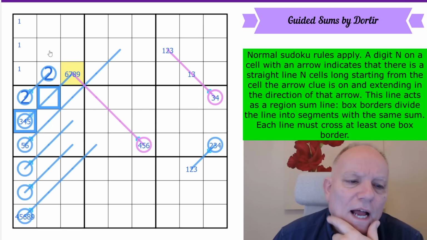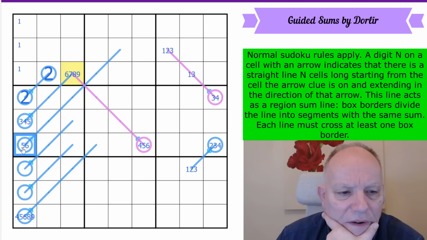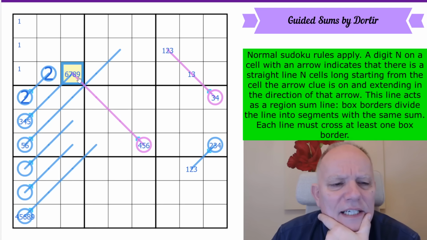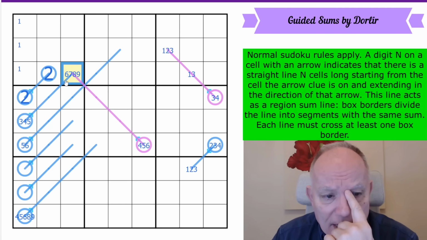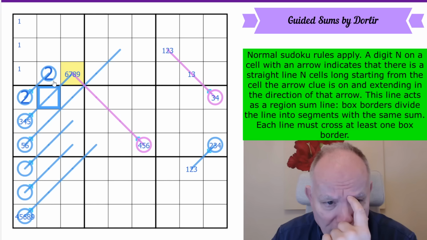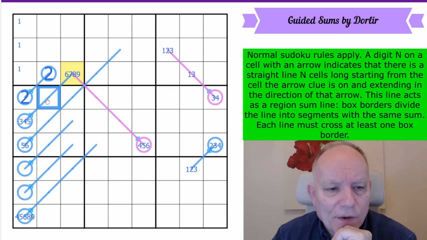Here's another thought. How do we keep this down to 5? The only way of making this a 6 ended up being 5-1 here. That's true. Otherwise, this is at least a 7. And then this can never be a 1. This is always at least 3. 7 as a sum can't be made up with a digit there and a 1 here.